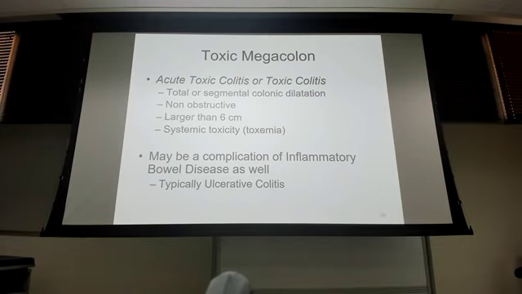Acute toxic colitis, or toxic colitis, same thing. So you can have the total, or you can have parts of the colon dilated greater than 6 centimeters. It's not obstructive. There's nothing physically obstructing the colon. And it's greater than 6 centimeters, and you've got toxemia.